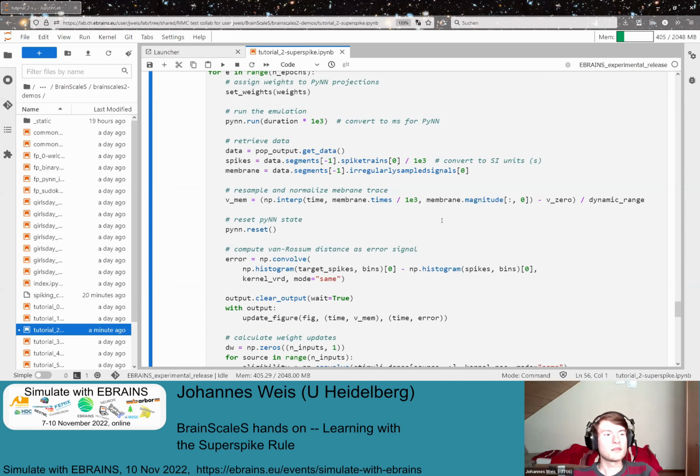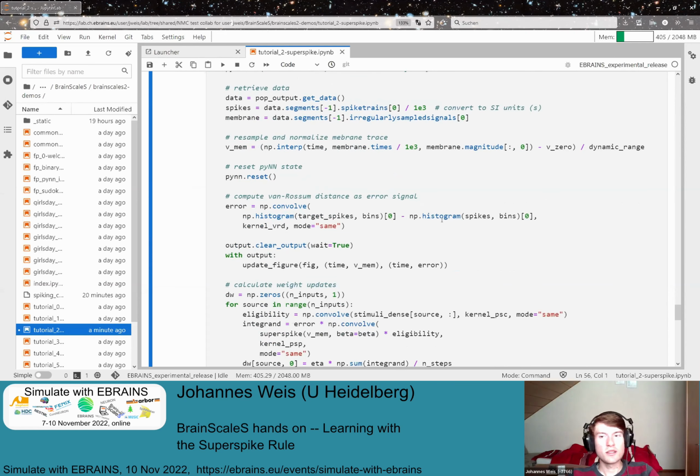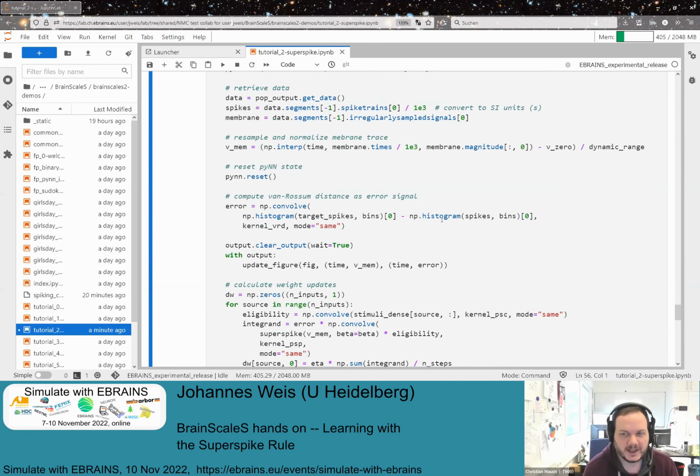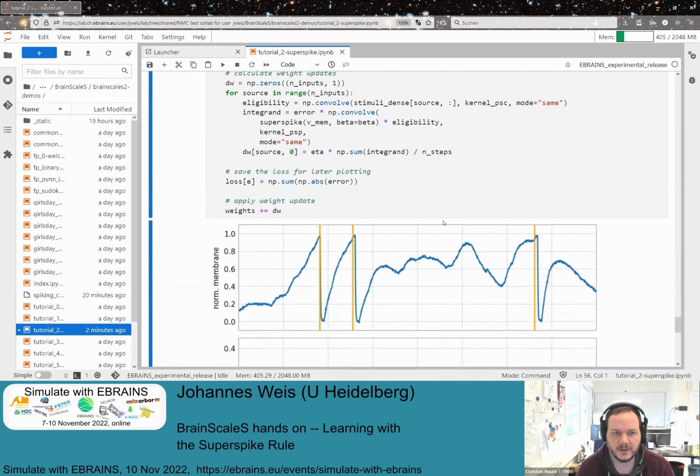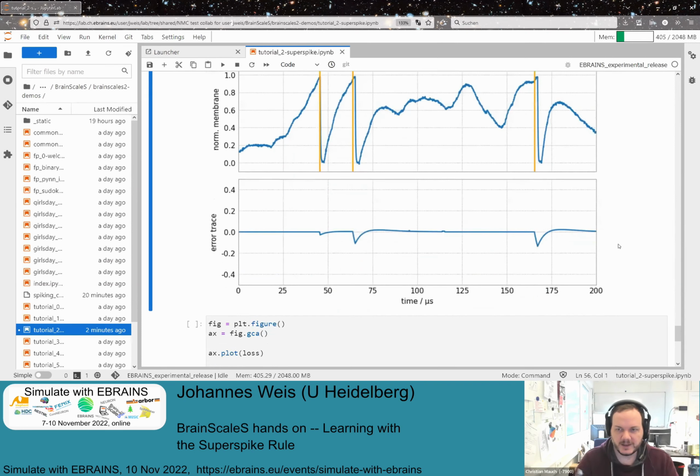It doesn't even do anything on the hardware, I guess, because only run will send programs to the hardware. Yep. It only resets the internal state of Pine, and basically says, okay, save this now as one experiment chunk and start with a new one. In our current implementation, it doesn't really do that much.